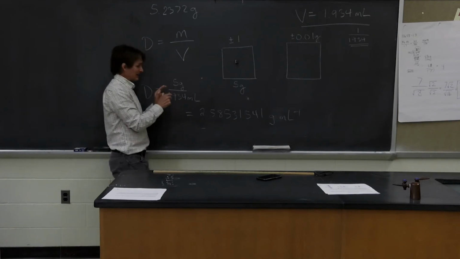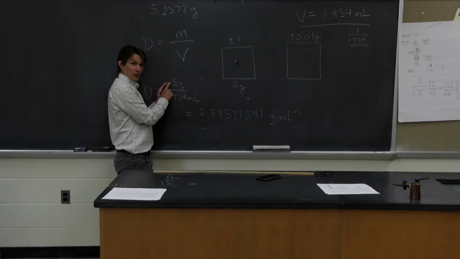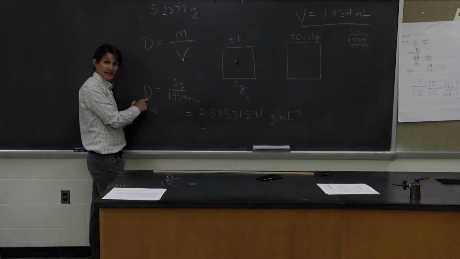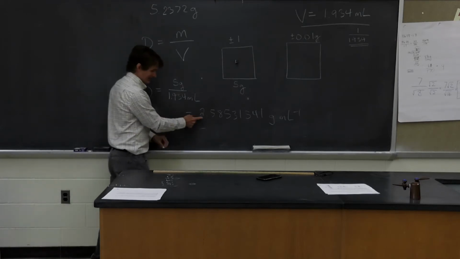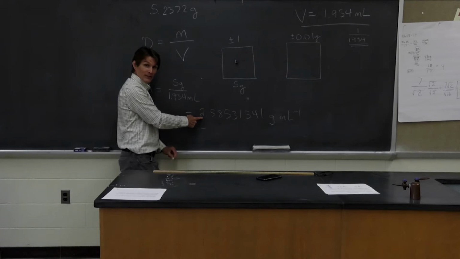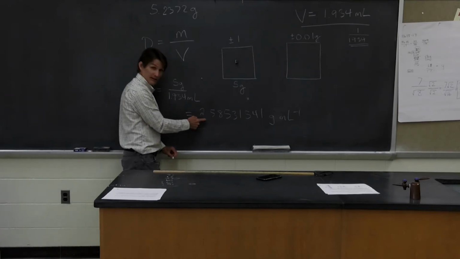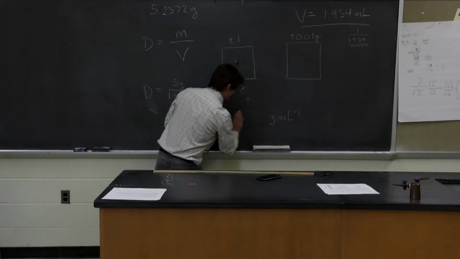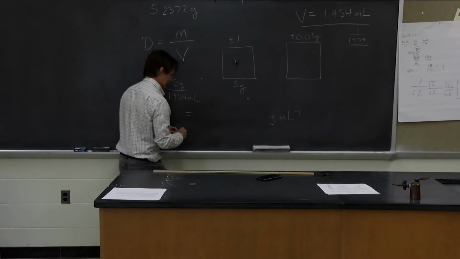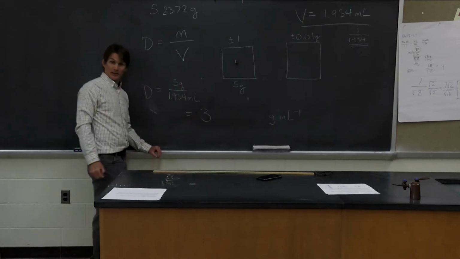So if I only know my mass to 1 part in 5, this is limiting how precise a density I should record. Because of that, I really should only report my answer to about 1 part in 5, which would be, well, I should probably round it up to 3. The appropriate measure for this density is going to be 3 grams per mil.